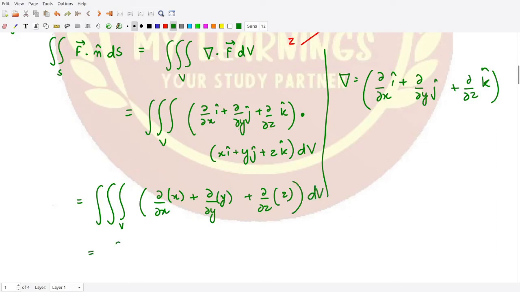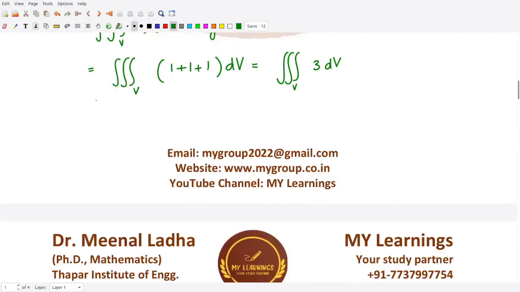So when you solve this, you have the value 1 plus 1 plus 1 times dV. So it is equal to the triple integral of 3 dV. Basically you have this as equal to 3 times the triple integral over V of dV. And what is this? The triple integral of dV is nothing but the volume of the sphere.